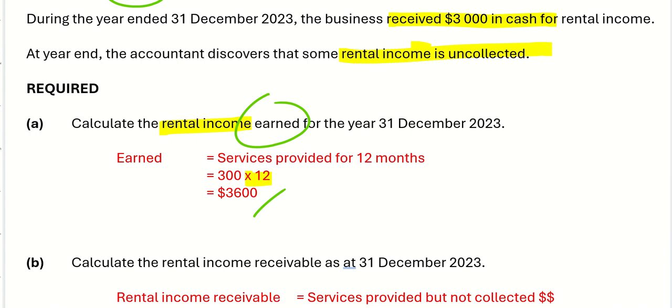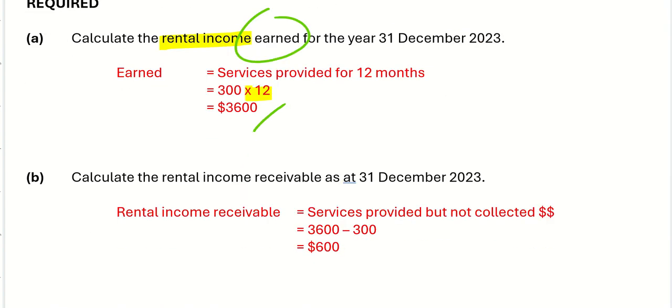Now, at year end, what is the income receivable? What haven't I collected yet? I take whatever services I provided, meaning whatever I earned but have not collected. I earned 3,600. Then how much did I collect?